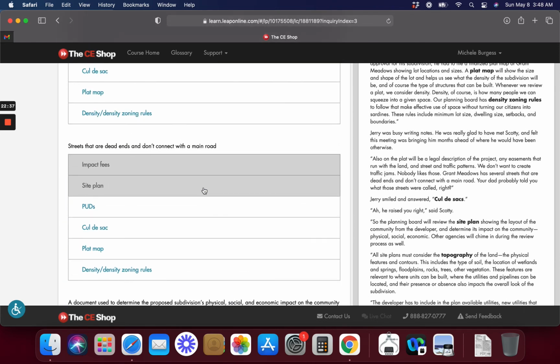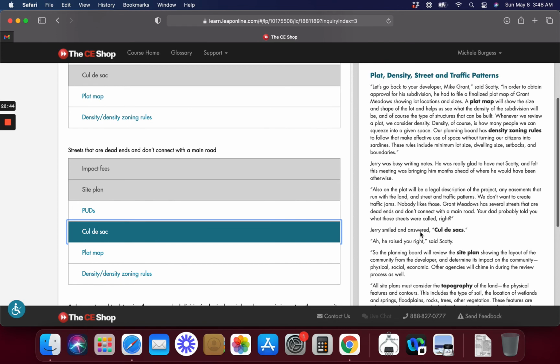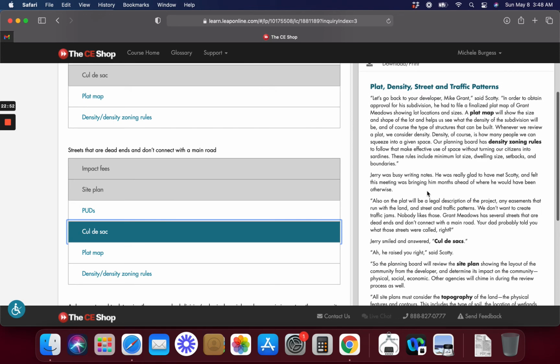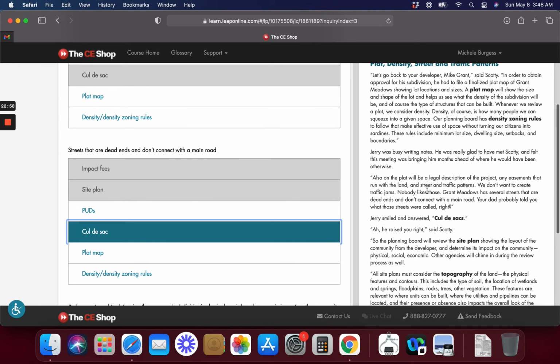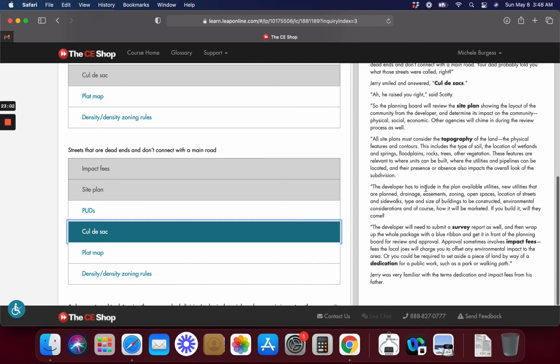Streets that are dead ends and don't connect with a main road. Cul-de-sac. PUDs. What is PUDs? That's probably the answer on that. Plan unit development, probably. Okay. I don't even see that in here. Plan unit development. That's kind of a trick question there, because they're not even talking about it in here.